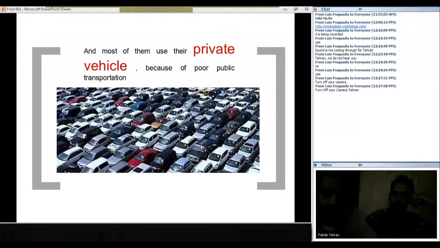As you can see, many people use a private vehicle for urban travel to our university, and this makes parking very crowded.